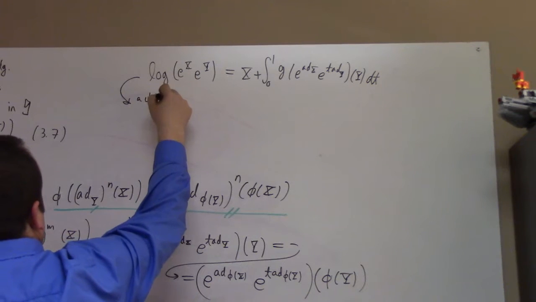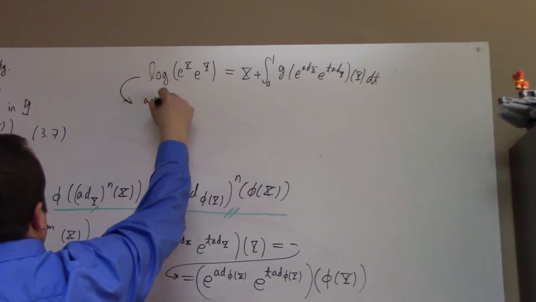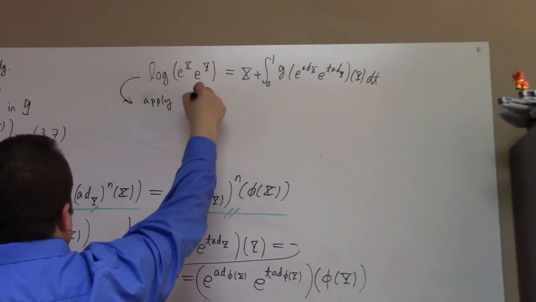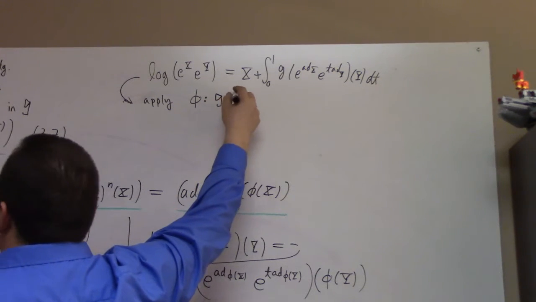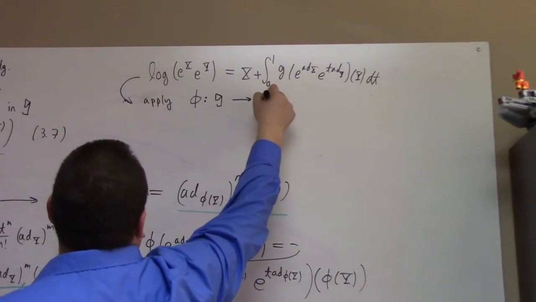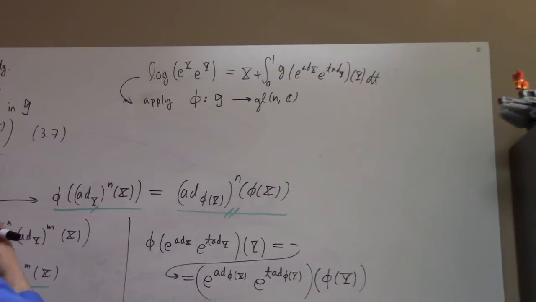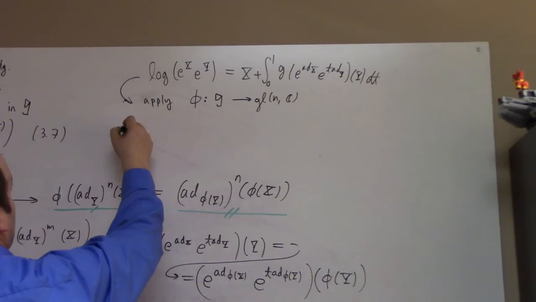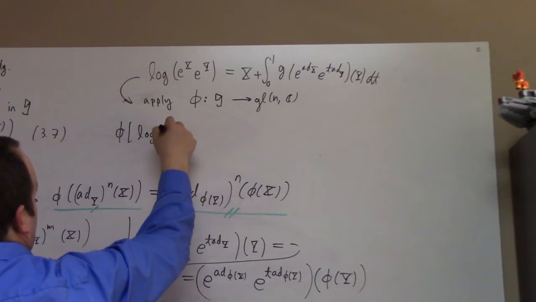Apply your Lie algebra homomorphism, which goes from where? From frak g to little g l n C, whatever. And that will give us phi of the log of e to the x, e to the y.